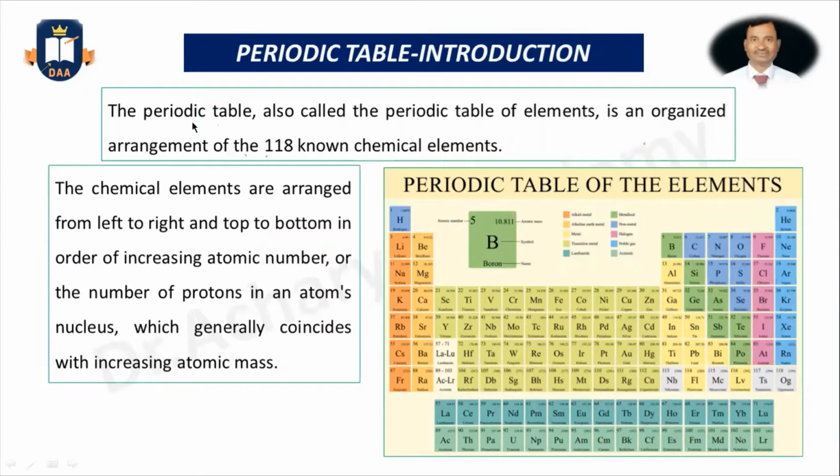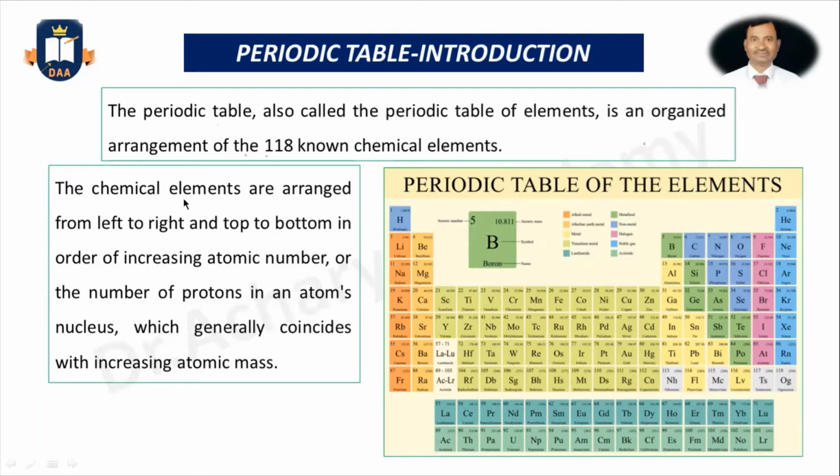The periodic table, which is also called the periodic table of elements, is an organized arrangement of 118 chemical elements, and in this periodic table you can see that elements are arranged from left to right in a horizontal way and top to bottom in a vertical manner.